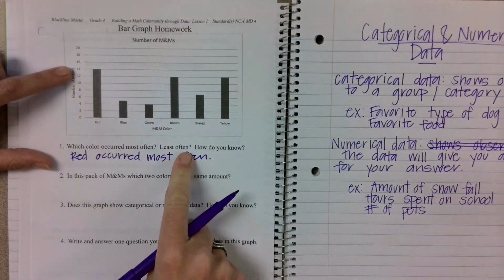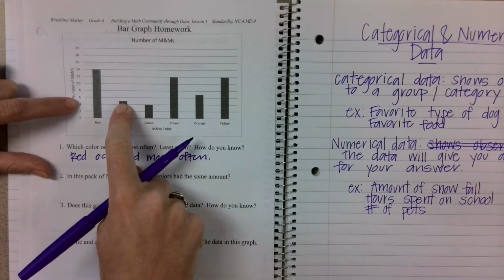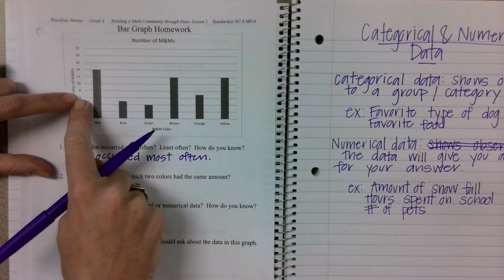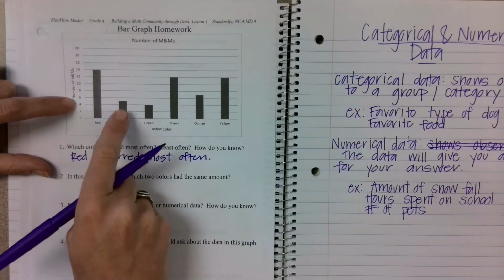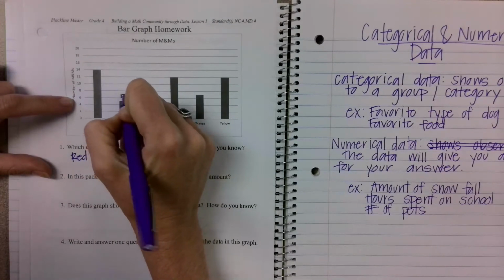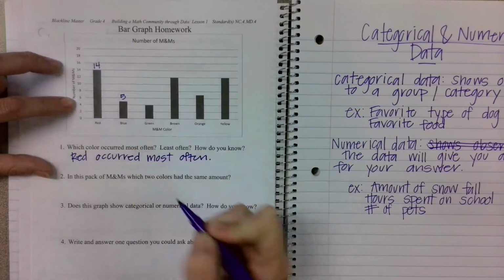And then least often, so I need to look and see which one's the lowest. Blue looks pretty low, and you can see blue is right between 4 and 6. So blue probably represents 5. I'm going to put my number on the top already, just so I can read it a little quicker.